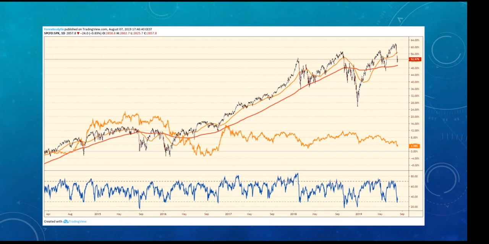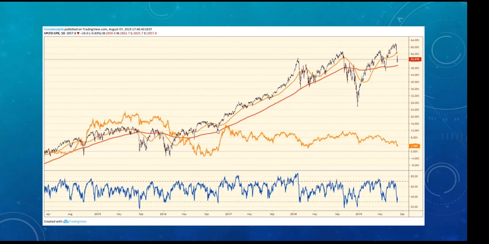As you can see, this is a recent chart from 2014 to present. When I say present, I think I took this picture a couple of days ago, and you can see the most recent move down in the equity markets has caused a move down in the S&P. What we're looking at here is the dollar yen as the orange line chart.